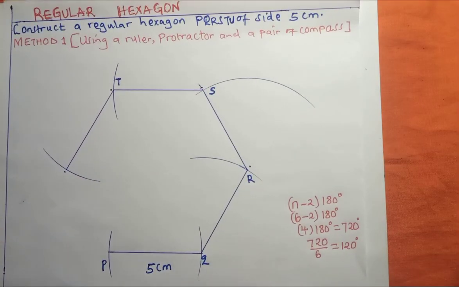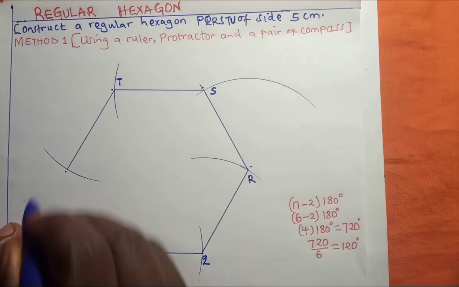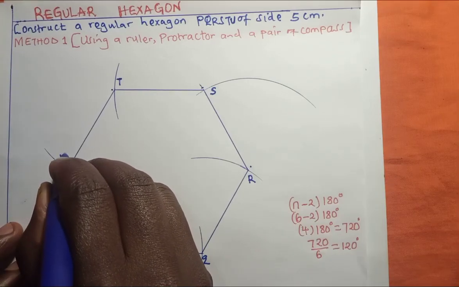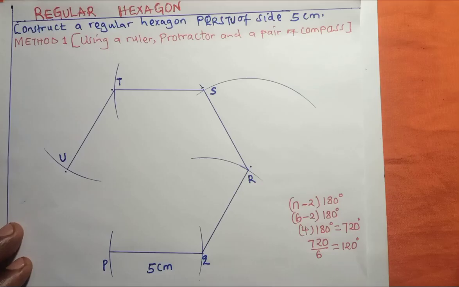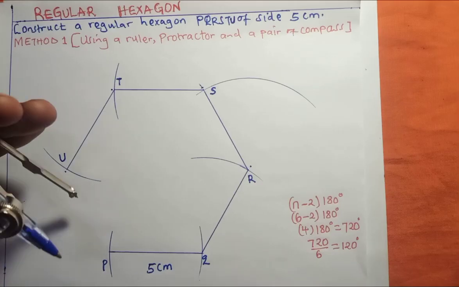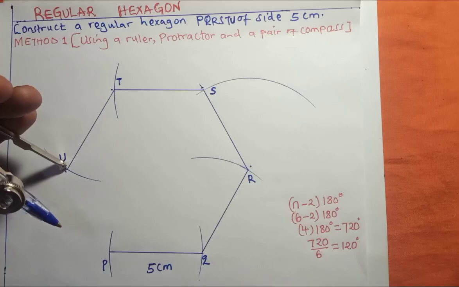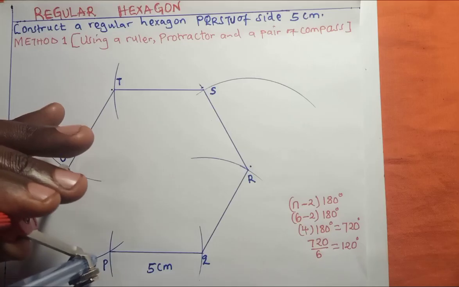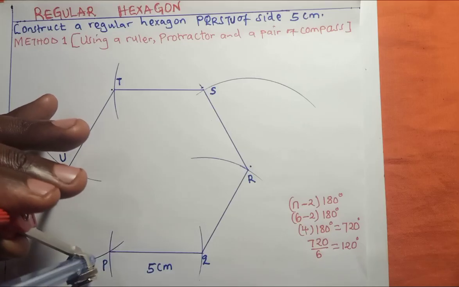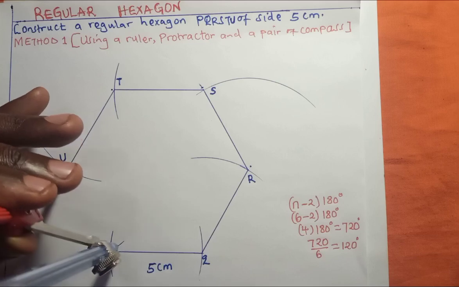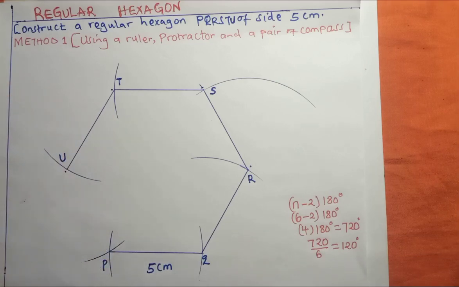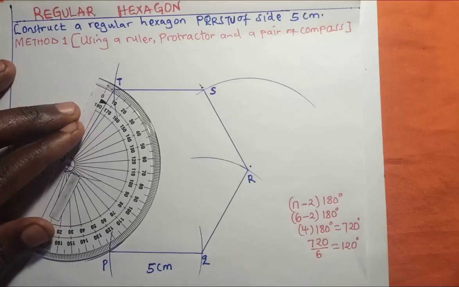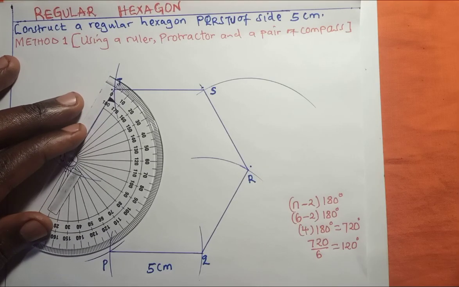Good, that's good. Now let's call this point U, and of course our last point is going to be point V. If you are very keen, you discover that our arc will intersect with the first arc, that is at point P. So we are just going to construct that and make sure that we have our 120 degrees.